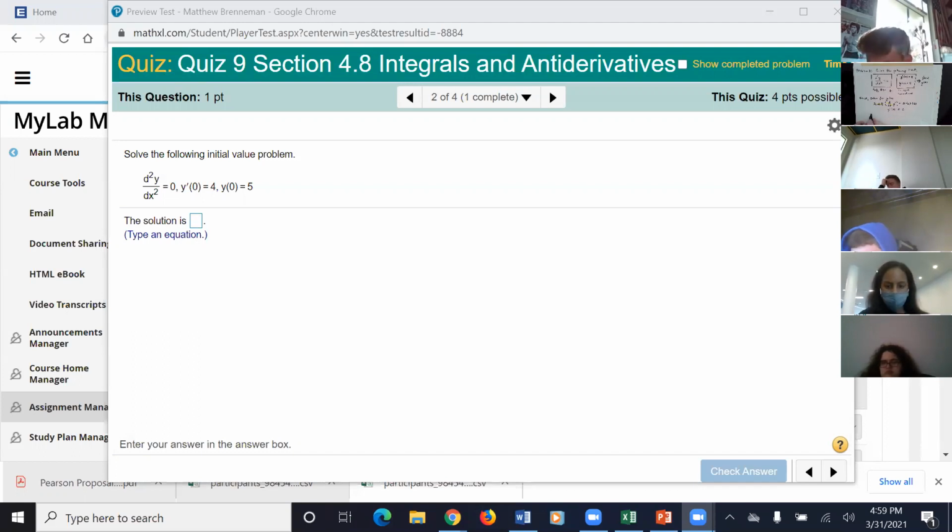Now we're going to use the initial condition. Notice we have two initial conditions. Well, I'm interested in the derivative function, so I'm going to use the initial condition on y prime, right?